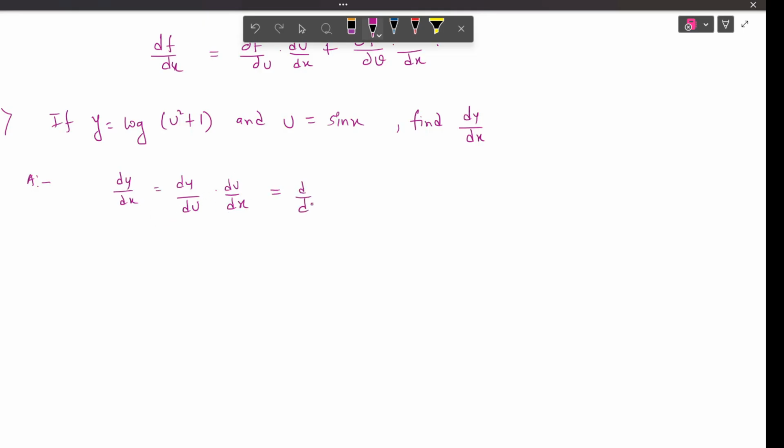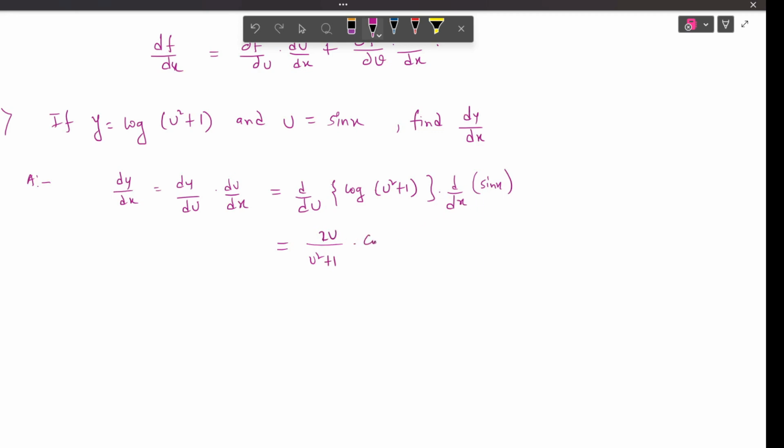So you can say d by du of log of u square plus 1, and this is d by dx of sin x. The differentiation of log is 1 by the argument, and for u square it will be 2u.